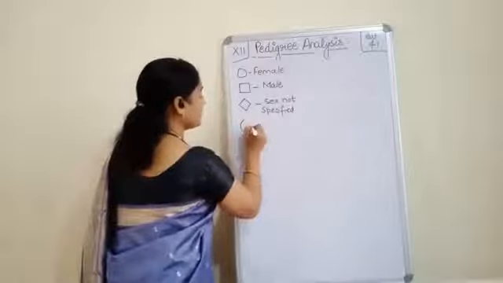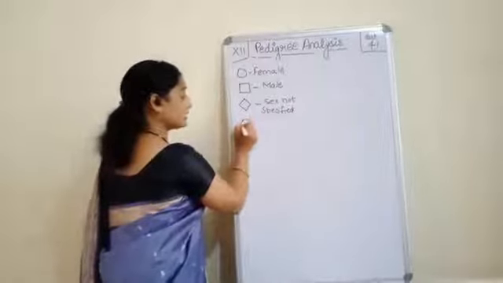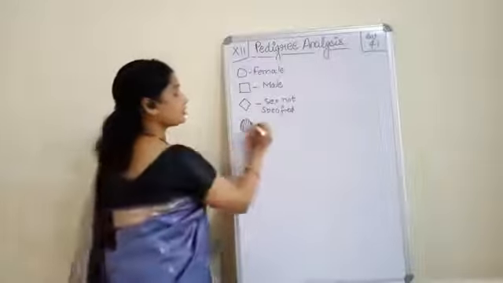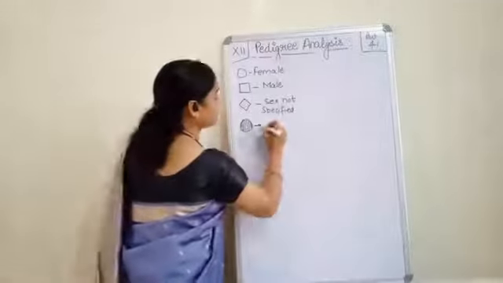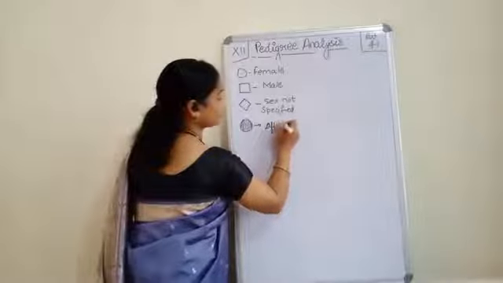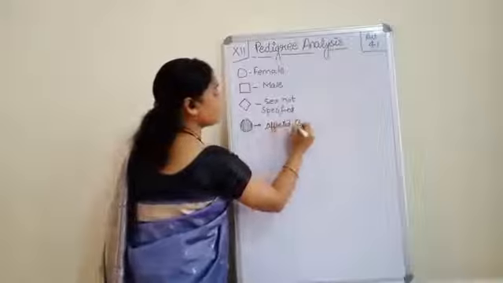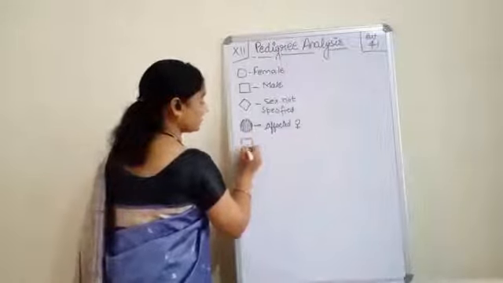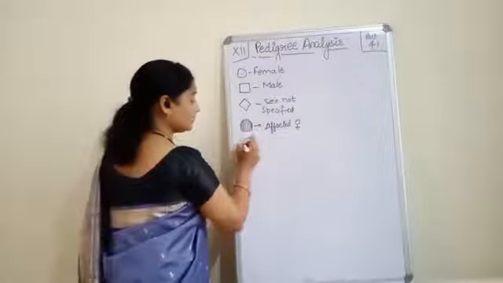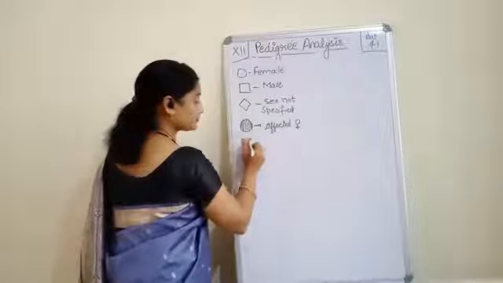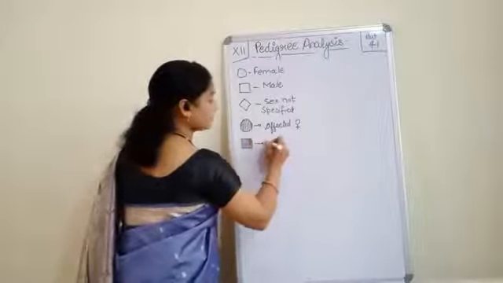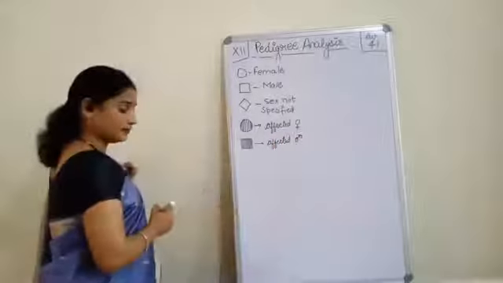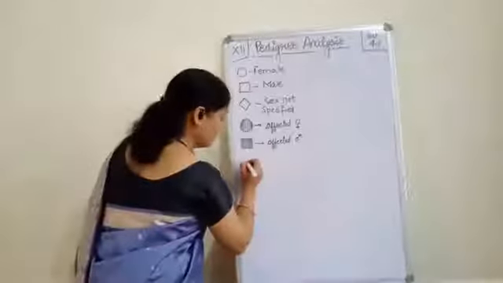Then if the circle is filled like this, this shows affected. The circle is for female, so this is an affected female. If there is a box and the box is filled like this, this means affected male.